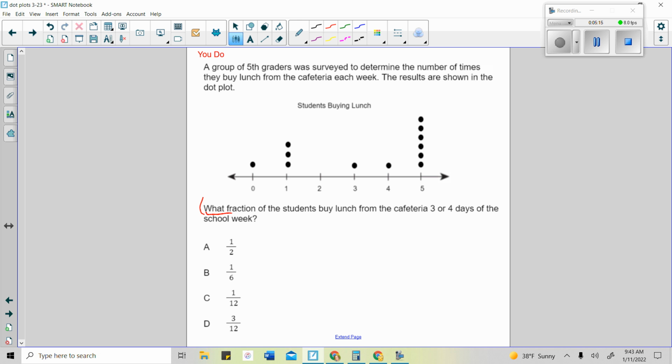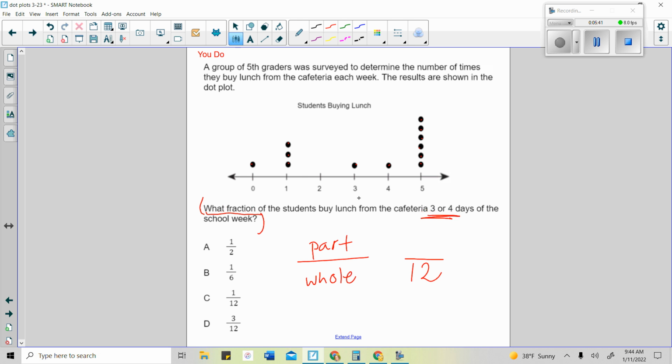What fraction of the students buy lunch from the cafeteria 3 or 4 days of the school week? So we know that a fraction is going to be part of a whole. First we're going to count the whole. 1, 2, 3, 4, 5, 6, 7, 8, 9, 10, 11, 12. There's our whole, our denominator.